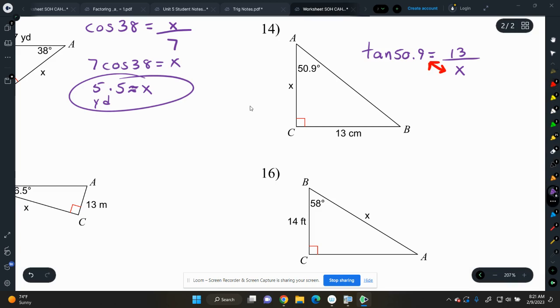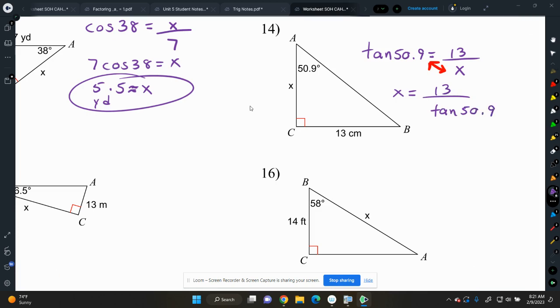So this becomes x equals 13 over tangent 50.9. And I get x is approximately 10.6 centimeters. There we go. Okay, full credit on that one.